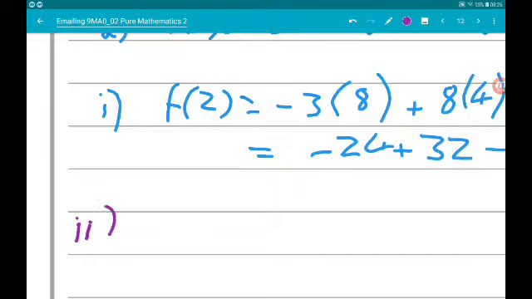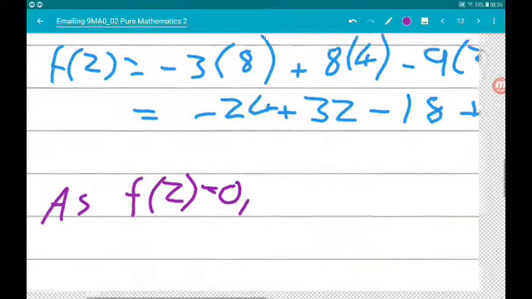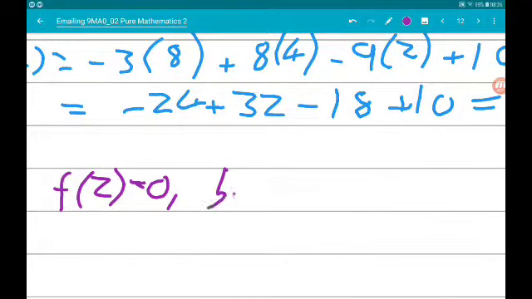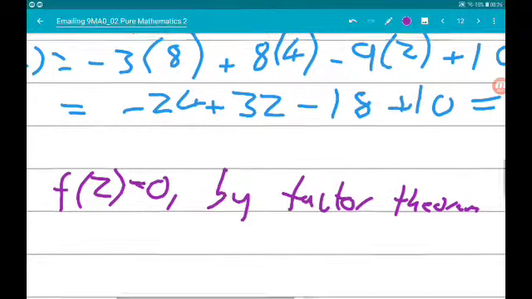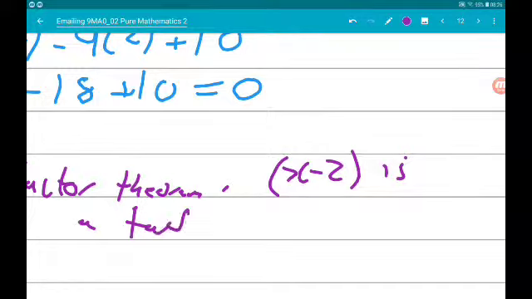So, we can say that as f of 2 is equal to 0, then by the factor theorem, x minus 2 is a factor of f of x.